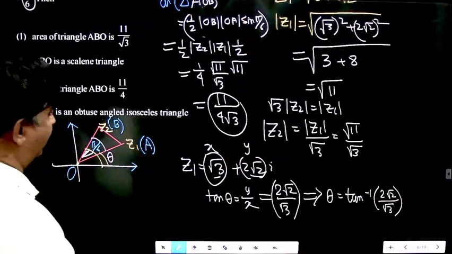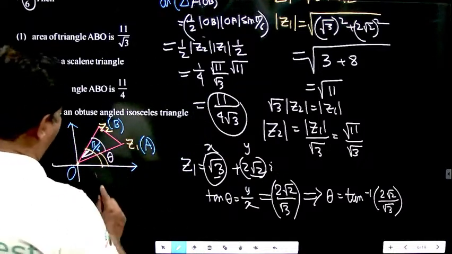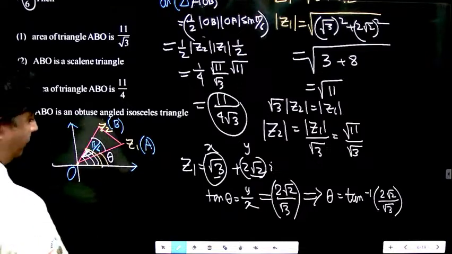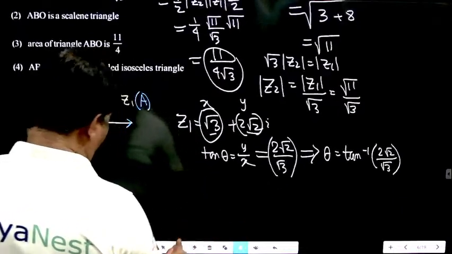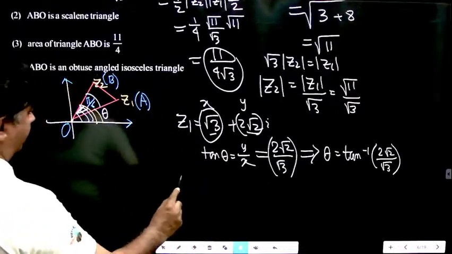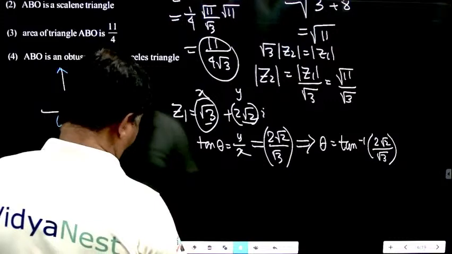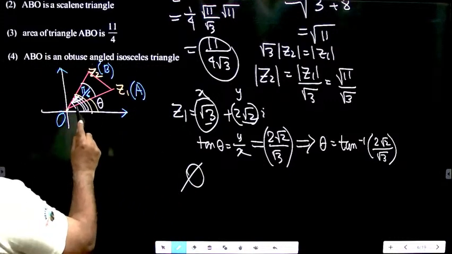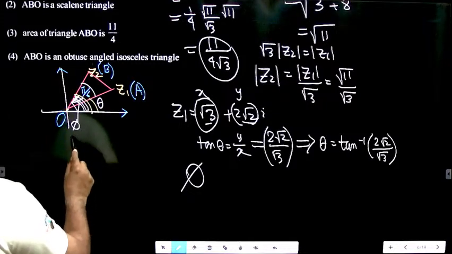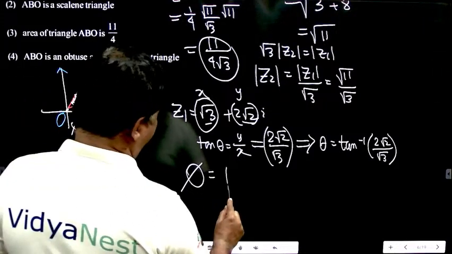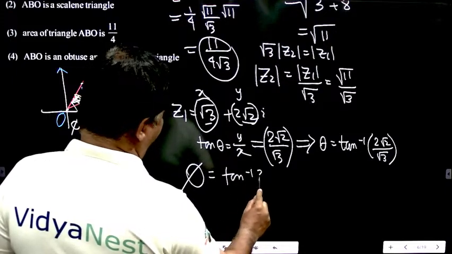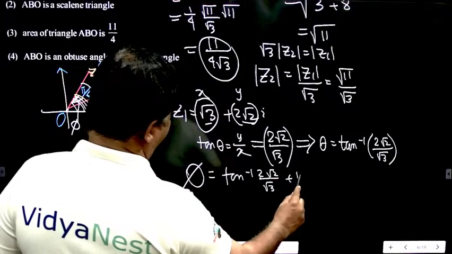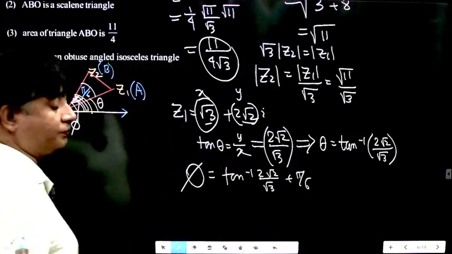Then Z2, what is the angle subtended by Z2? Say this is phi. What is phi? Phi, which angle? This angle phi. That is tan inverse of 2 root 2 by root 3 plus pi by 6. Okay?